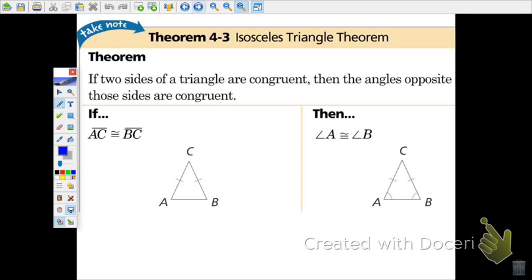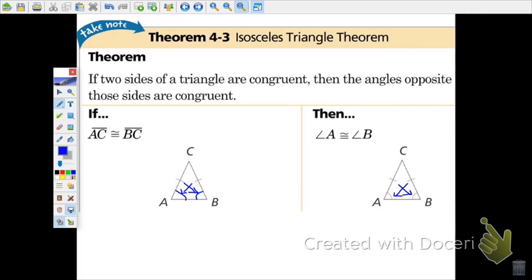So when the two sides are congruent, then we know that those opposite angles are congruent. Wait, we need to draw those arrows? Yes, you need to draw those arrows. Because our theorem tells us that if two sides are congruent, then we can mark the opposite angles to be congruent.